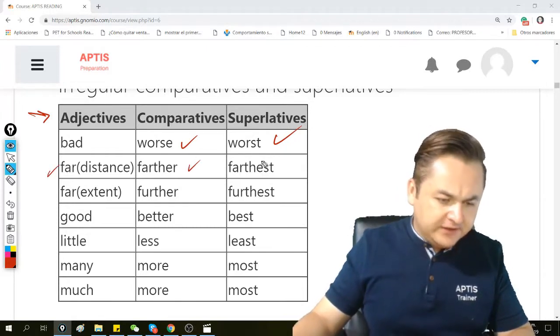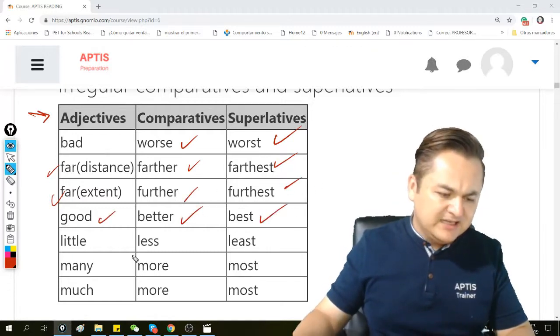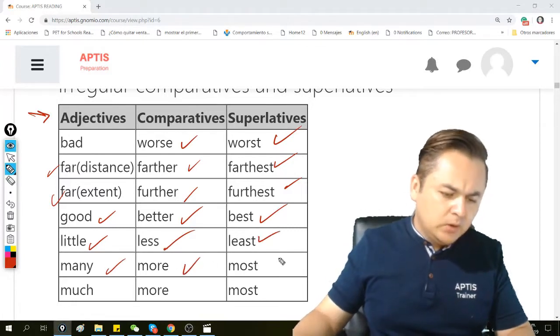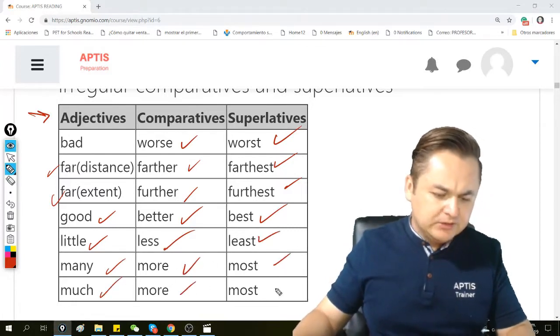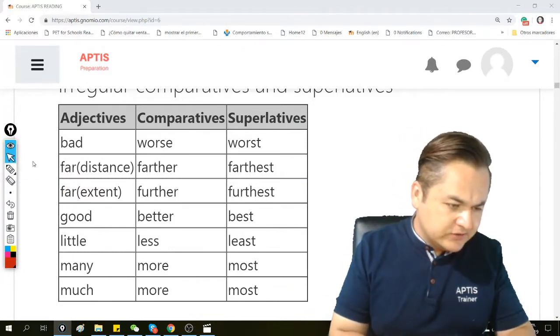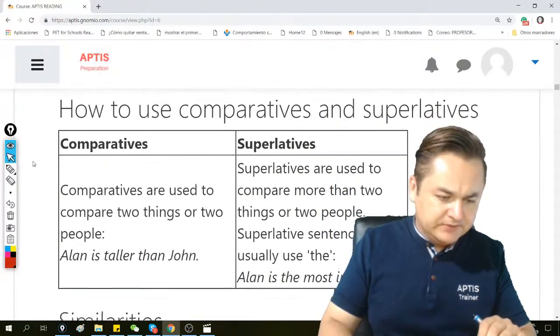Far, farther, farthest; far, further, furthest; good, better, best; little, less, least; many, more, most; and much, more, most. Those are the words you want to remember because those are irregular forms of the comparatives.